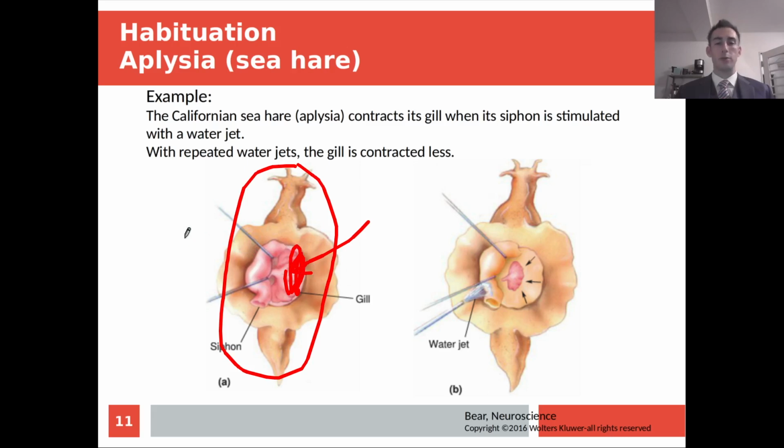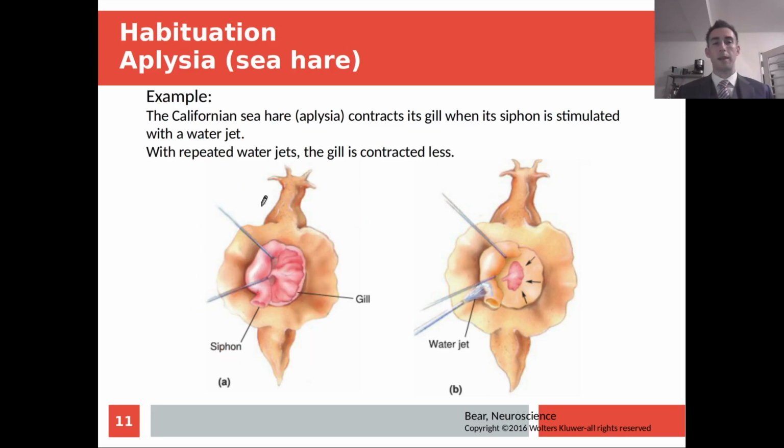The gill contracts when you put water on the siphon, to represent some stimulus, something touching it, right? And then if you keep doing that, then the gill retracts less.